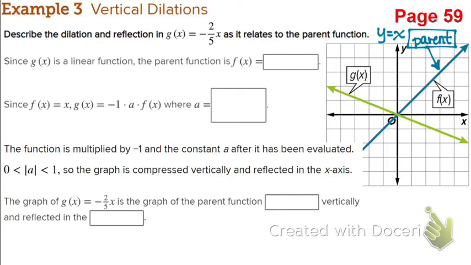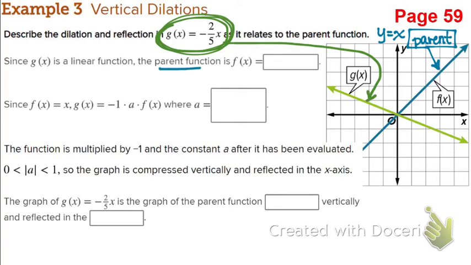Y equals x. They've given me the equation for the green one right here. G of x is a linear function, so the parent function is f of x equals x, or y equals x. Remember, function notation and y are interchangeable.